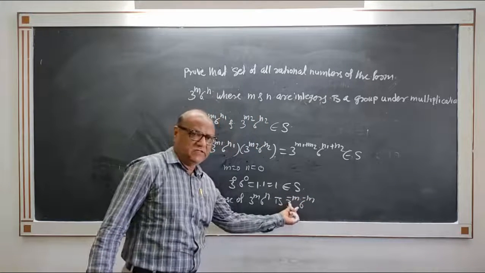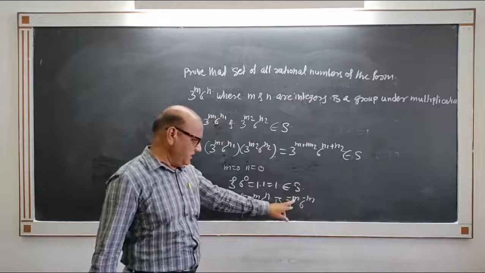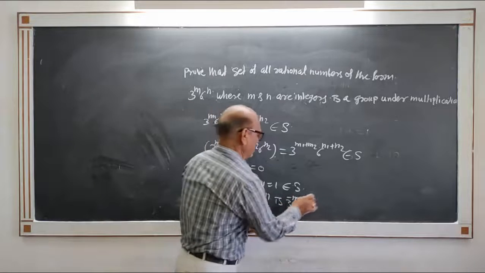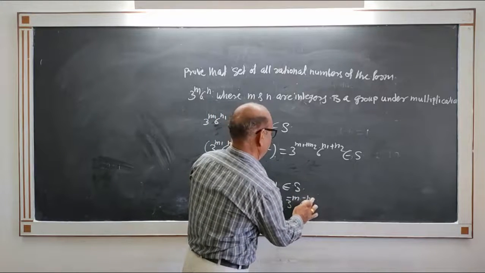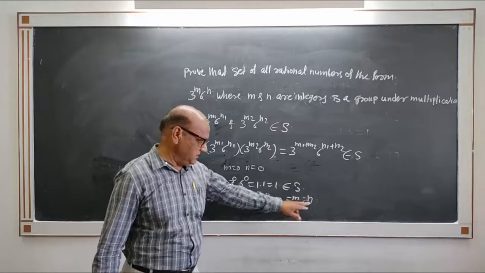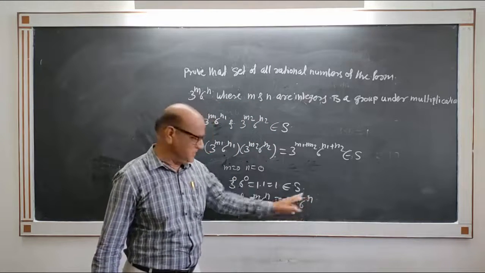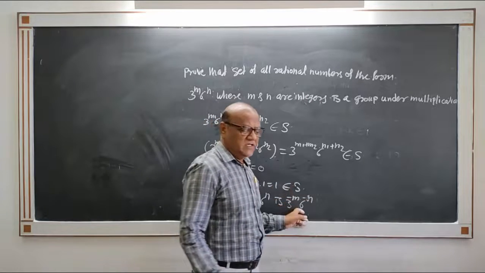This element also belongs to S, since it is also in this form, where minus m is an integer and minus n is an integer. The inverse of this element is like this, and so it is a group.